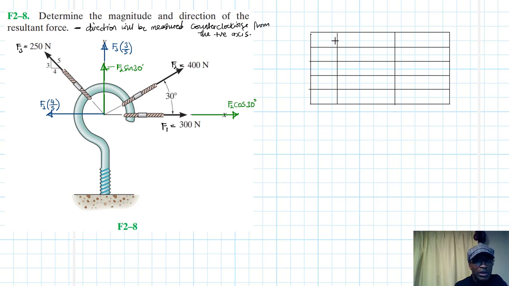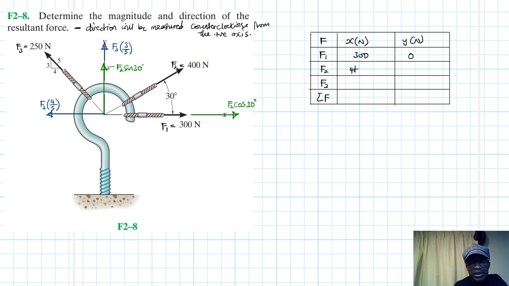Alright, let's label them. Let's fit them in our figure. So we have F there, we have the x component, the units are newtons. We have the y components, the units are newtons. So we have F1, F2, F3, and the summation of forces. Alright, so what is F1, the x component? It is 300. As a y component, it is 0. F2, what is the x component?